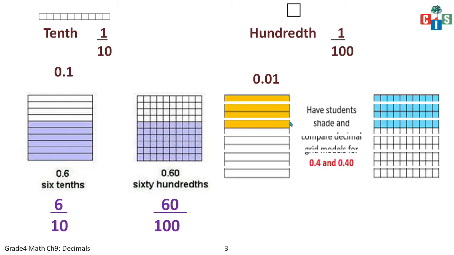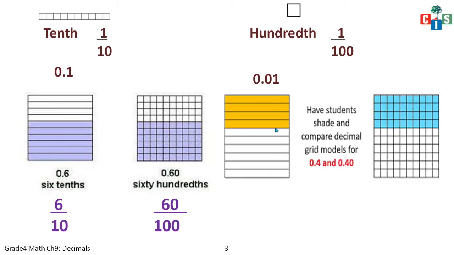Now the next figure I have taken has 10 sections और उसमें कितना color part है? 4 colored parts. So I will write 4 by 10, and in the decimal form, 0.4. Now this next figure is divided into 100 parts. So 40 is colored because 10, 20, 30 and 40 out of 100.